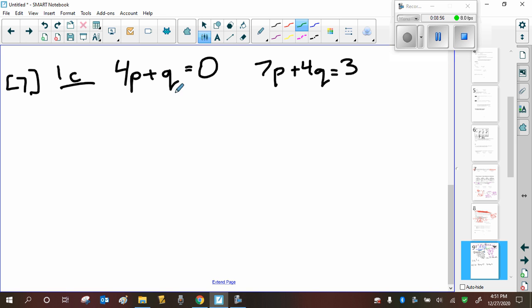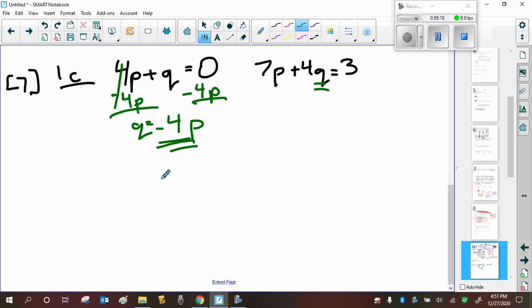So this is the q that we're getting by itself, so we subtract 4p. You get q equals negative 4p. Where we see q in the other equation, we substitute negative 4p.